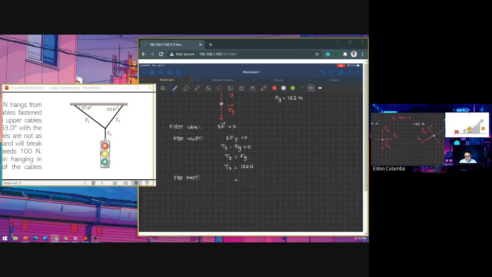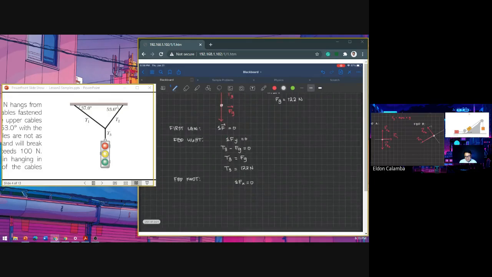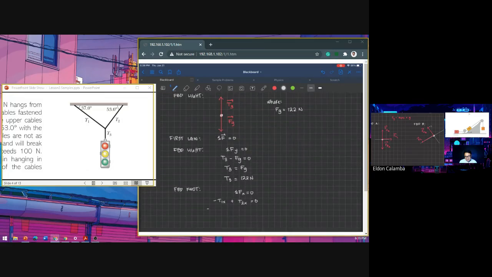So, summation of forces, let's start with X equal to 0. So, sa X, you have T1x and then T2x lang. So, this is negative T1x plus T2x equal to 0. Where T1x, this is T1 cos 37. So, this is negative T1 cos 37 plus T2x.